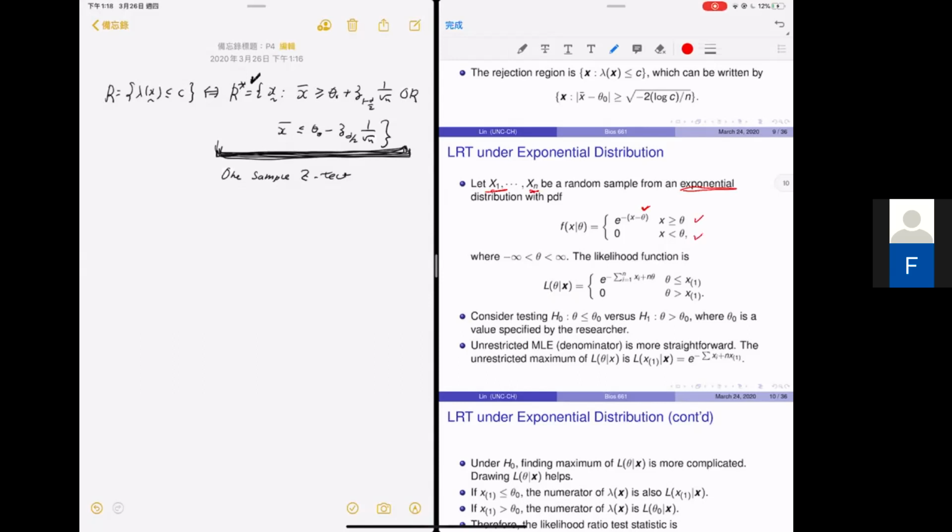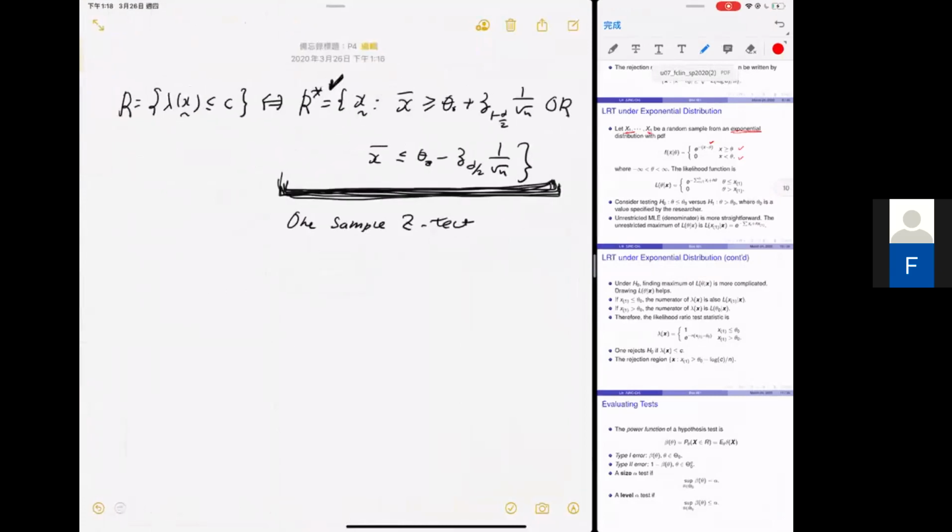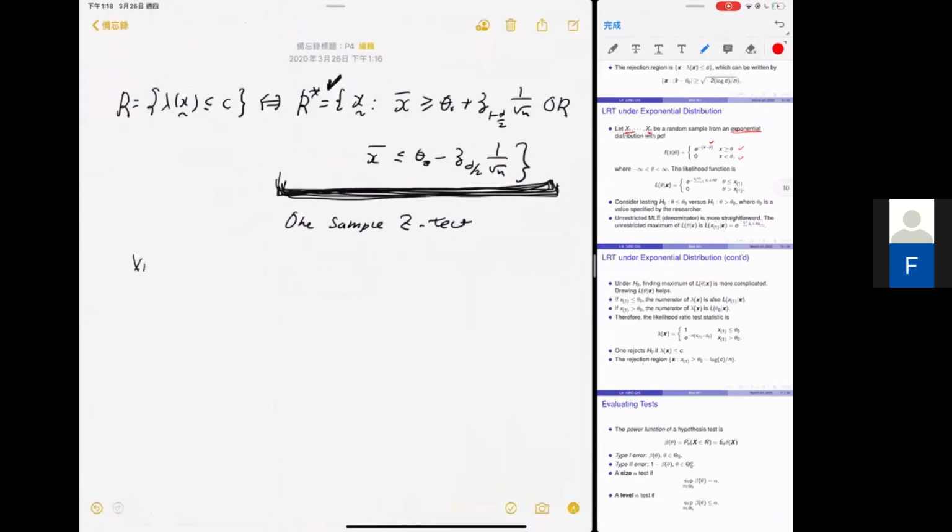Good. And then in that case, I want to do X1 to Xn like this. Make sure what testing you are dealing with.